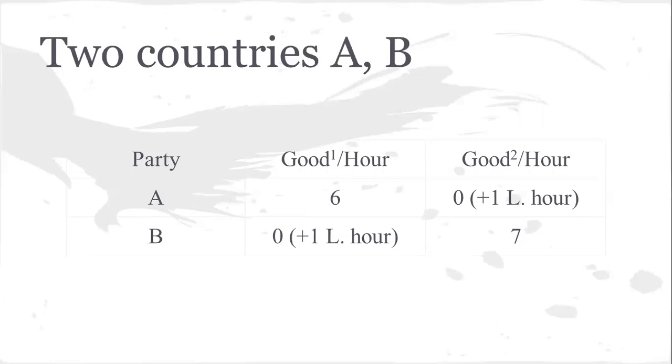So now, as given in this table, I'm assuming that A is specializing in good 1 and B is specializing in good 2.